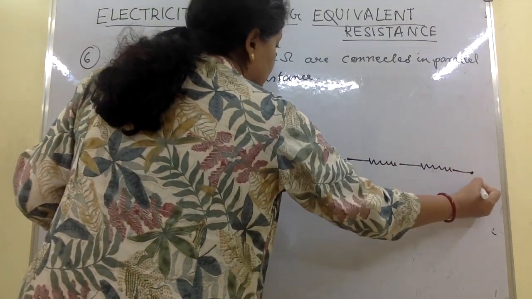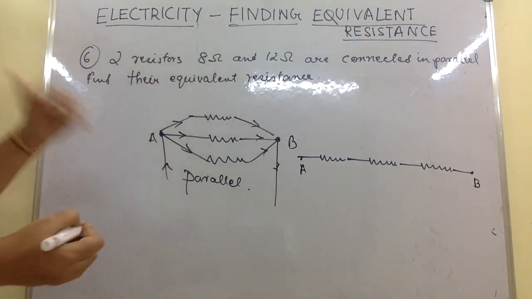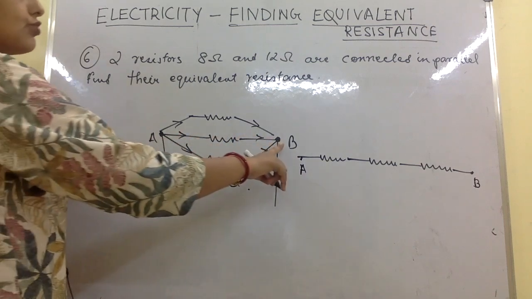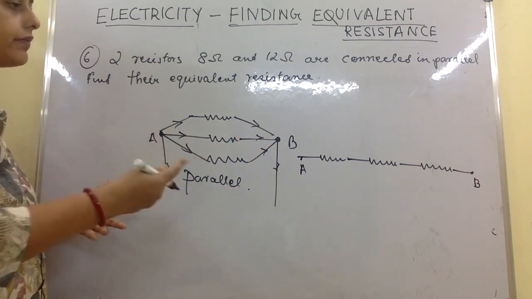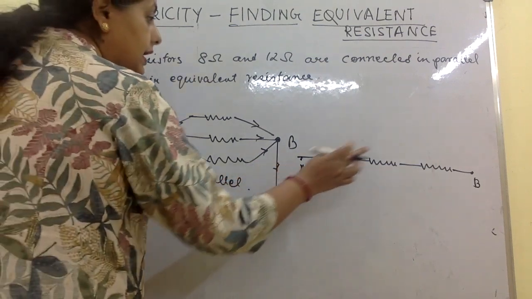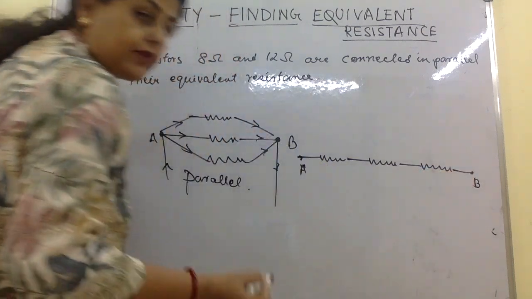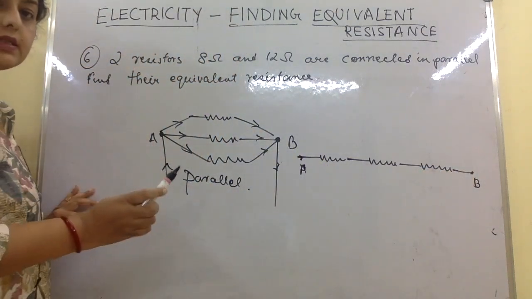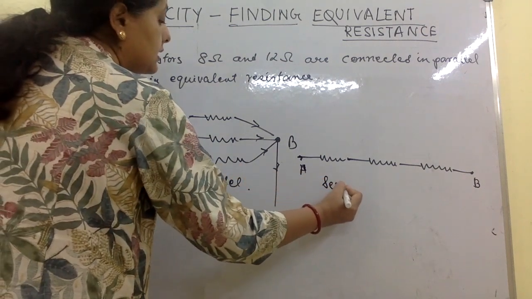So here is one junction point and here is one. Here we find the equivalent resistance between these two junction points, that is in parallel, equivalent resistance between A and B. From here till here we find the equivalent resistance in case of series connection. So this is a series connection.